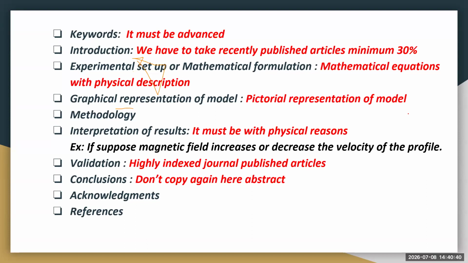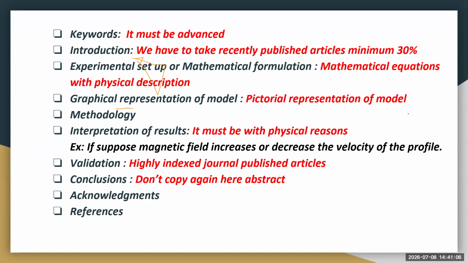Then only, in future, people can refer to you more and more. The reason is you are maintaining high standards with clarity. The clarity will come when you explain whatever you define mathematically. Otherwise, people will not get clarity and may not refer to your article.